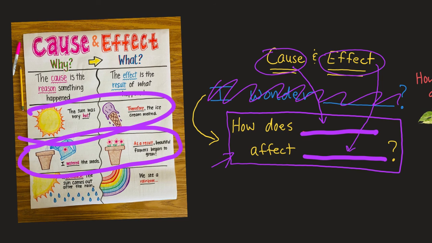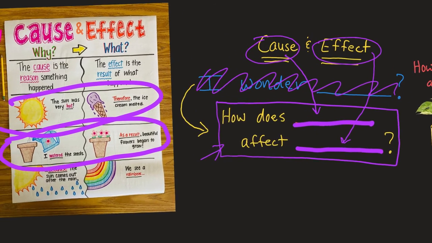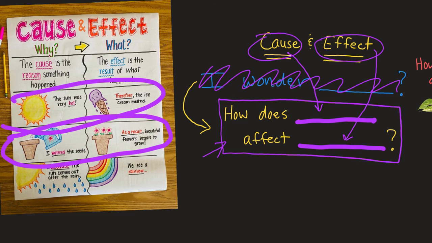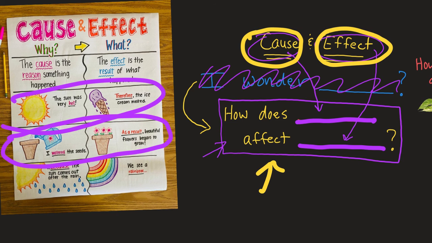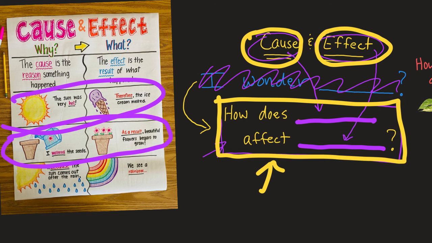The bottom line is, and this will make more sense the more you use this, if we start using this question, how does blank affect blank, then we'll have cause and effect that we can measure and study as a scientific question. So that's the new form on how to ask better questions in science, and we'll be working with this form of a question for most of our scientific questions this year.